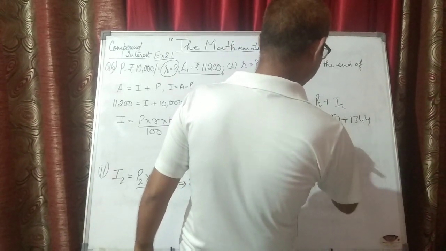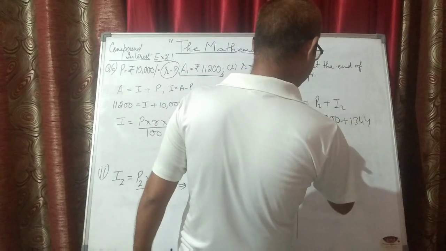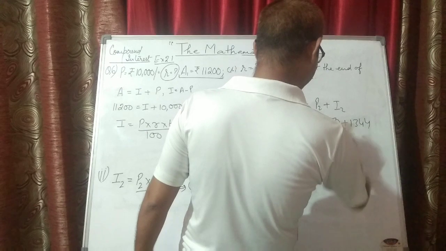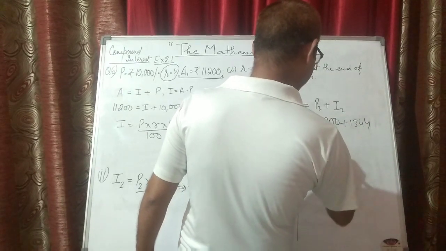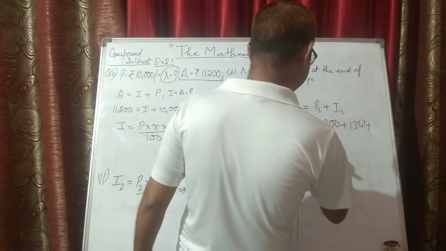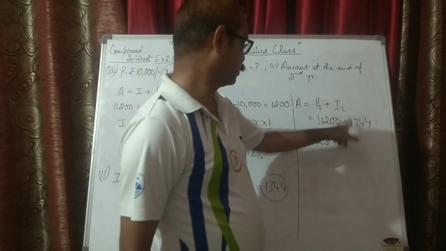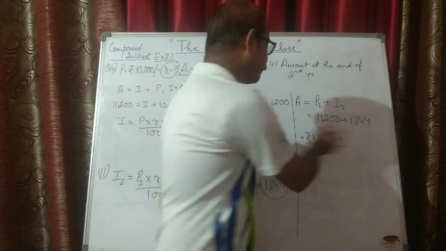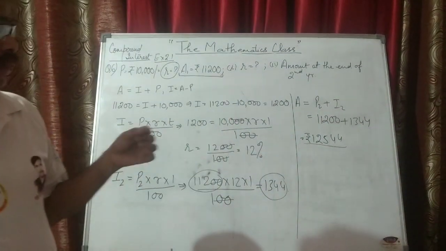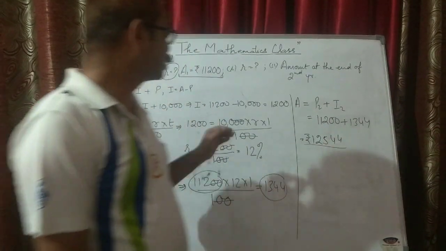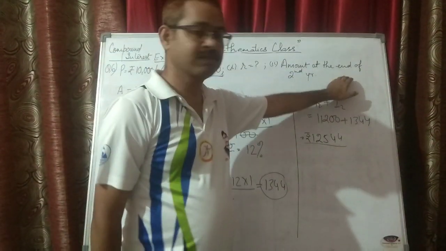It becomes 12,544 is the total. It's right. 12,544 rupees is the total amount at the end of the second year.